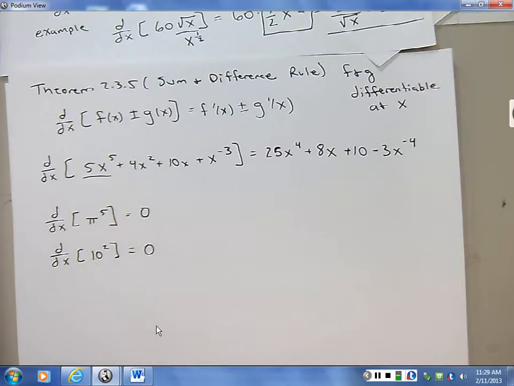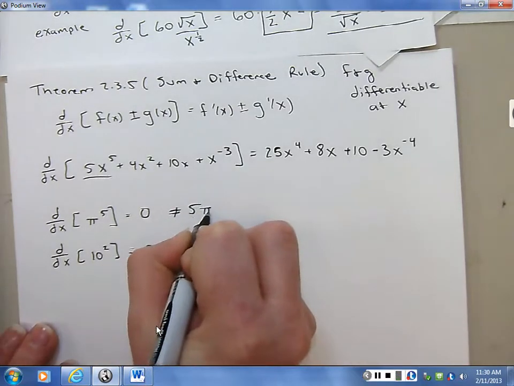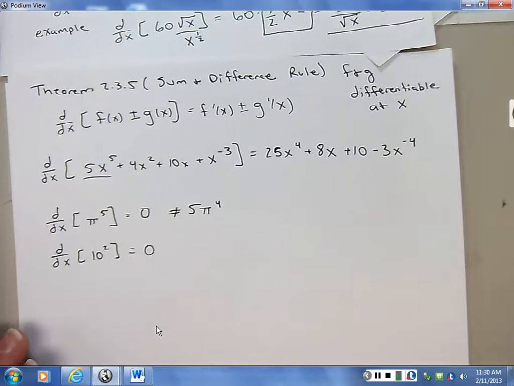It's on Wiley too, and it seems like I always have 25% of the class tell me 5 pi to the 4th. But that's just a constant, so you've got to be a little cautious with that. This does not equal 5 pi to the 4th. It's just a number.